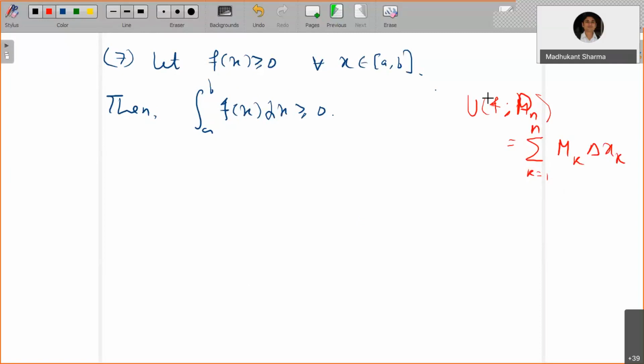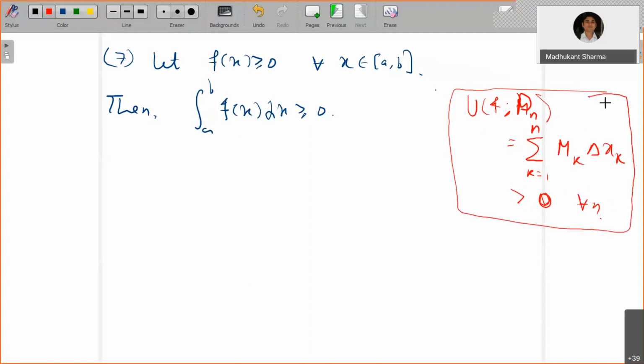When f is non-negative, this capital M_k is also non-negative, so this is always greater than or equal to 0 for all n. You know that if you have a sequence of non-negative real numbers, its limit is also non-negative. So you can establish the result by using that result here.